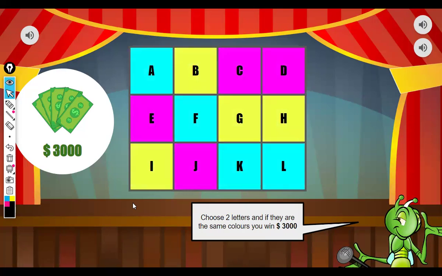Were your 2 letters the same color? If not, sorry, next time. Jahim, you won. Good, good. Eli, I think you're trying to tell me you win. All right, so write down how much money you got. Well, if you got it correct, it's $3,000, right?